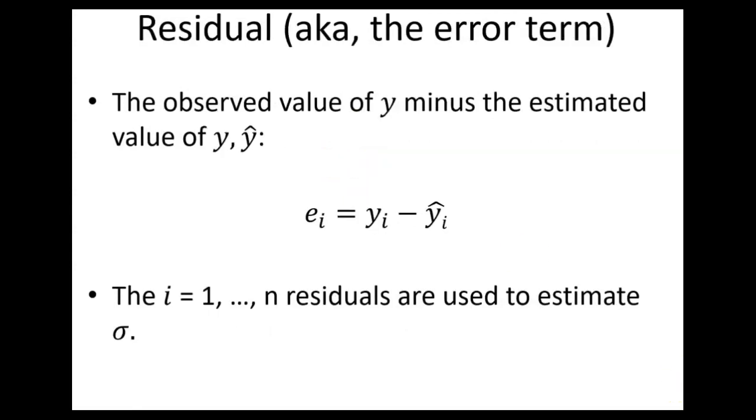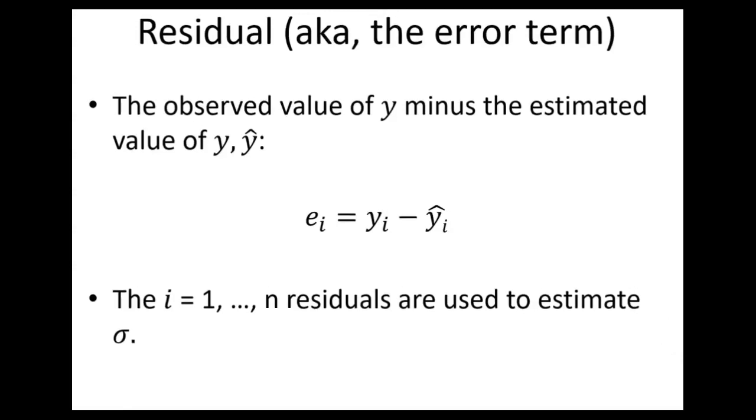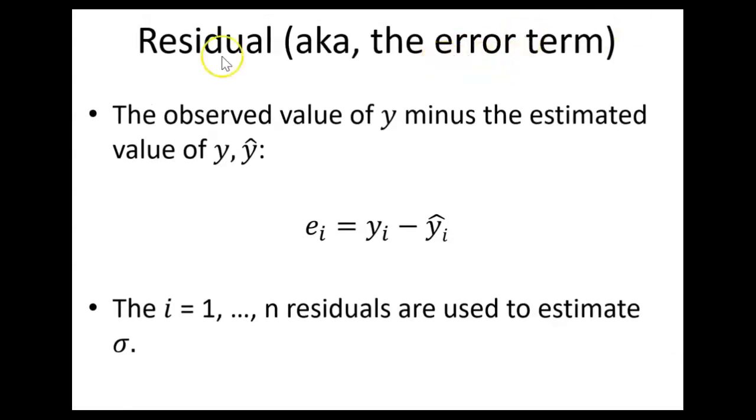Once we have estimated a regression model, the residual, which is also known as the error term, is equal to the observed value of the y variable minus its predicted value. These i subscripts tell us that every pair of x and y in the data set is going to have its own predicted value and its own error term.